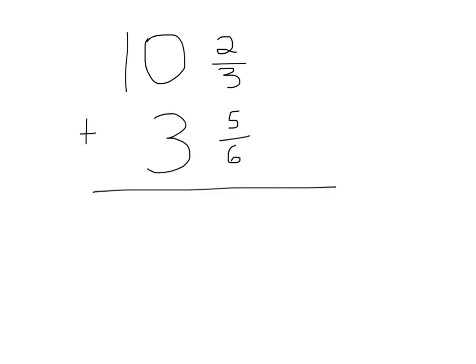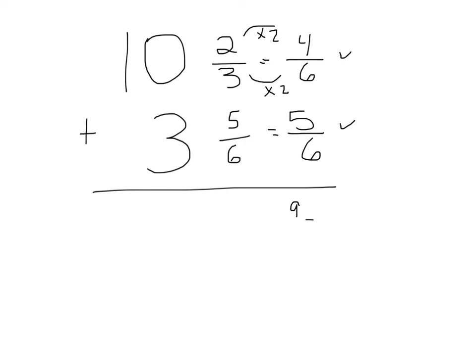So I have 10 and 2/3 plus 3 and 5/6. So I need to make a common denominator, which is 6, because 3 divides into 6 and 6 divides into 6. 3 times 2 makes 6, and 2 times 2 makes 4. So 5/6 is equal to 5/6. So 4/6 plus 5/6 is 9/6.